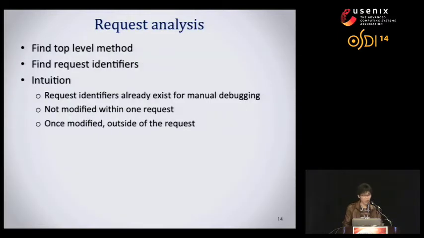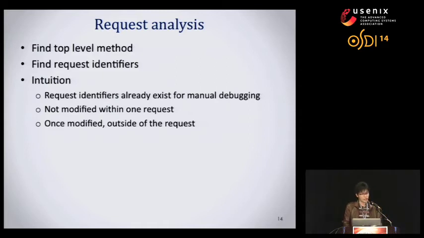Next, I'll describe how lprof infers these four types of information. So first, lprof uses one pass of analysis, which we call request analysis, to infer both the top-level method, which is the starting method, and the request identifiers. The intuition behind this analysis is that developers already log important information in order to differentiate the requests and do manual debugging by themselves.